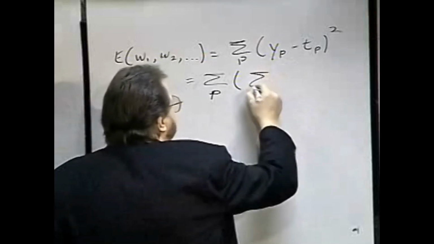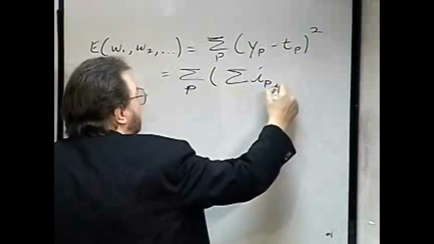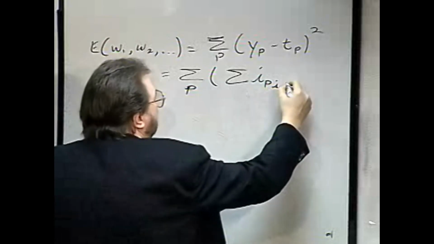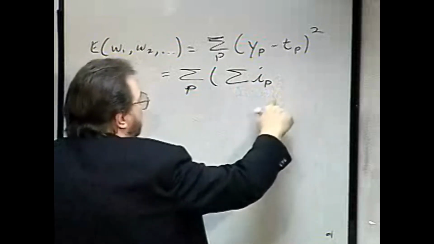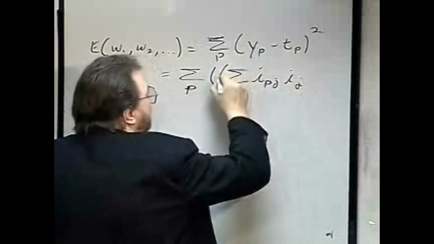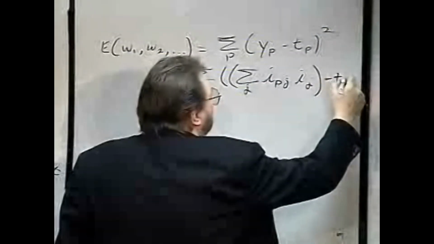That's equal to the sum of the inputs, from the pth result to the jth input, I sub pj times w sub j, minus t sub p, squared.